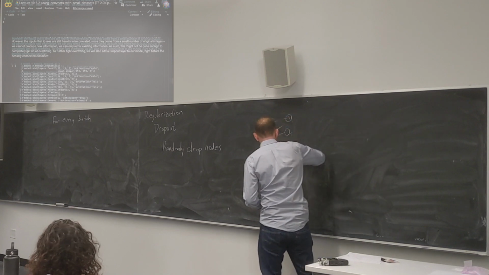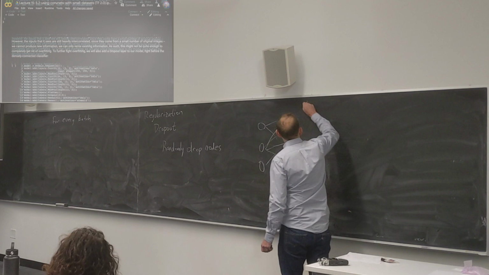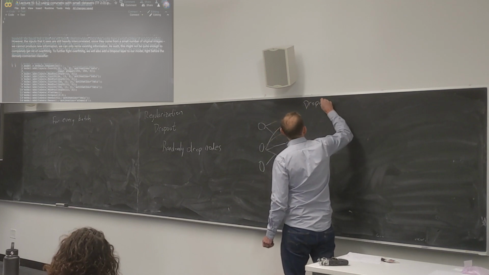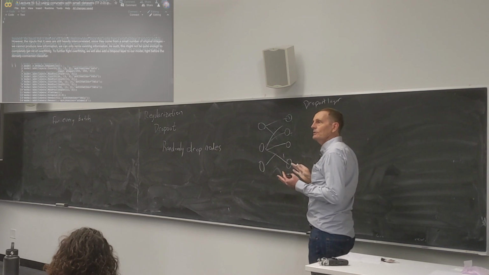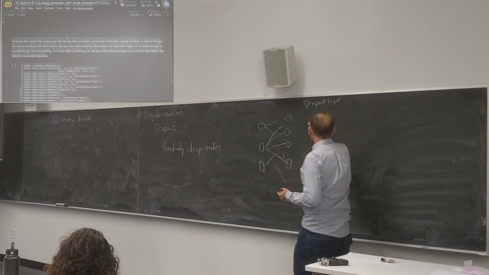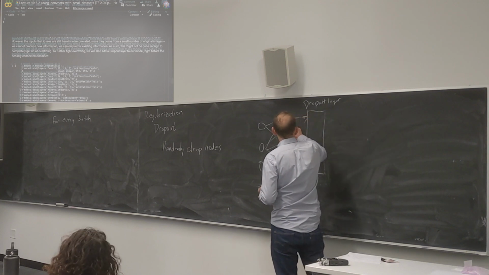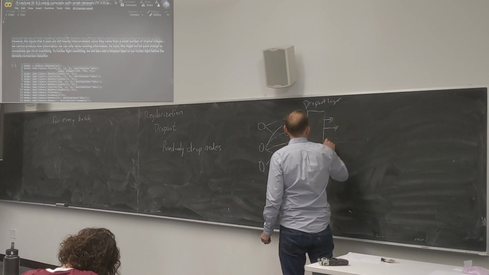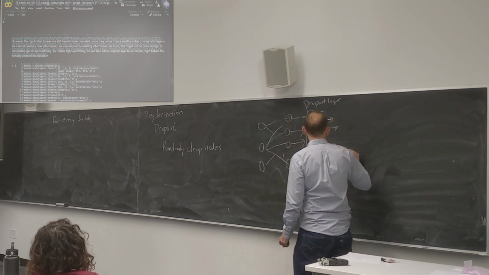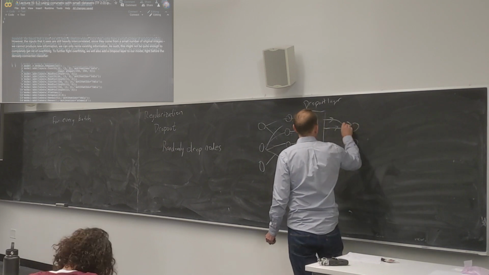I'm going to have a special dropout layer whose job is only to implement this dropping out of nodes. So the dropout layer is here, and it has its inputs coming in and then has outputs going out as they would normally to the next layer.